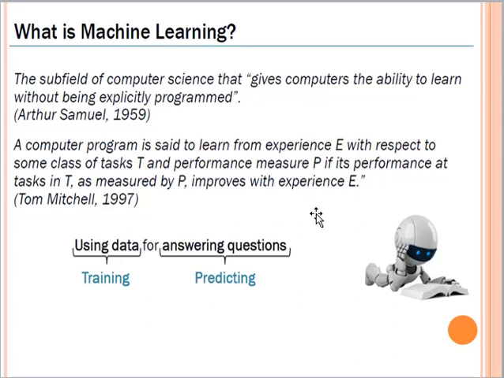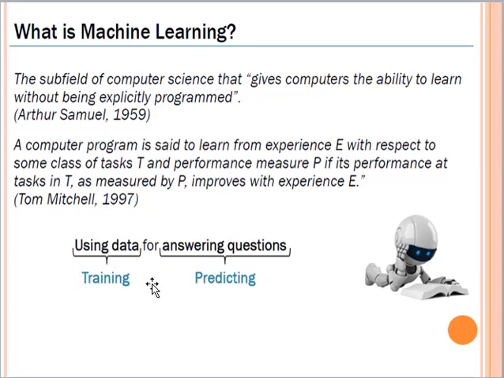So in simple words, our computer program is learning or improving itself with some experience E, and its performance is being improved on different types of tasks, and we can measure its performance, whether it is improving or decreasing.